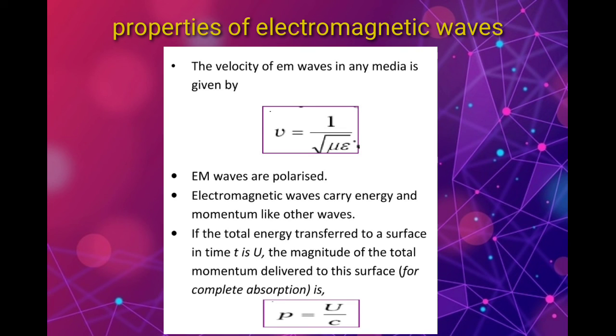Clear? And the last one is, if U is the total energy transferred to a surface in time t, the magnitude of the total momentum delivered to the surface is given by P equal to U by c.